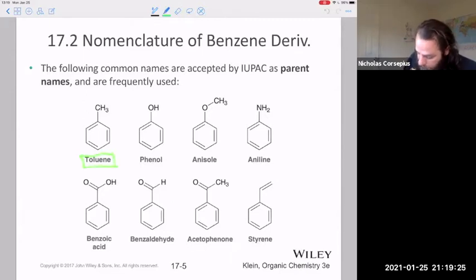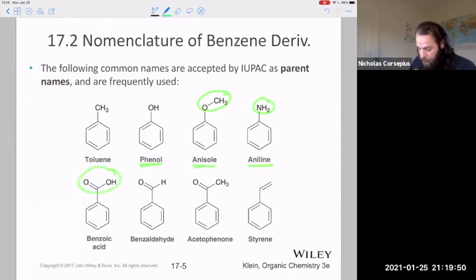Toluene, as we said, is just benzene with a methyl group on there. If benzene has an alcohol group directly attached to it, that is phenol. If it has this methyl ether group, that is going to be anisole. An amine group, you have aniline. These ones aren't too bad.